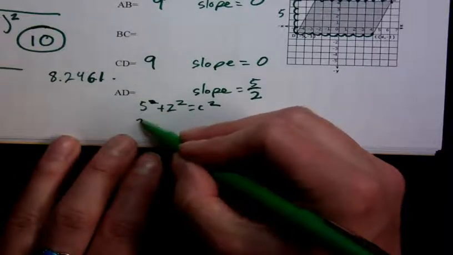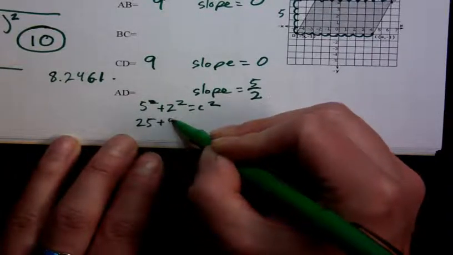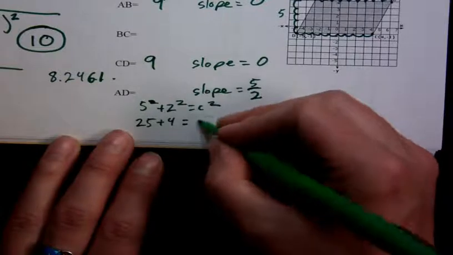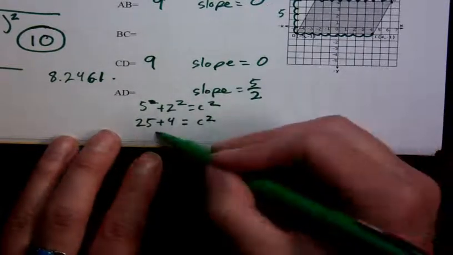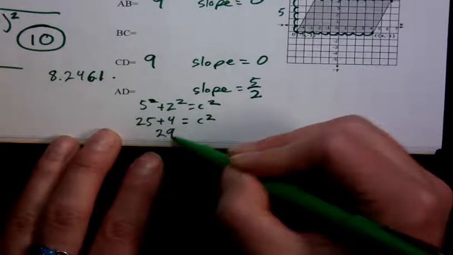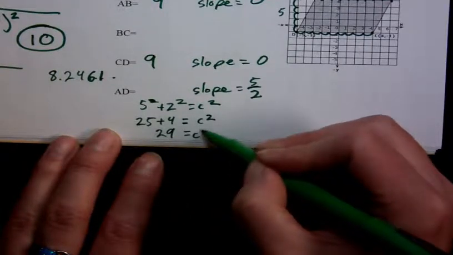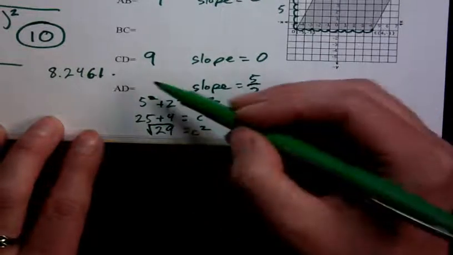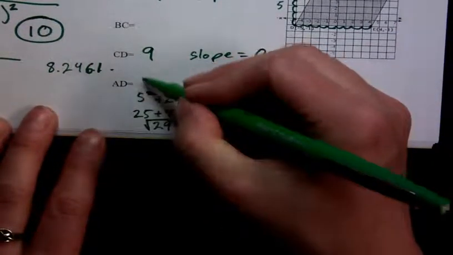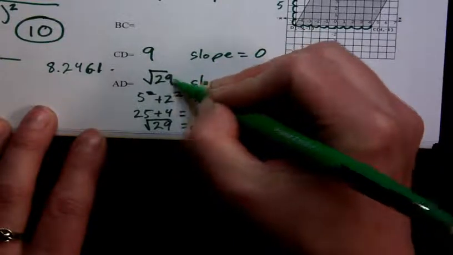That's 25 plus 4 equals c squared, so 29 equals c squared. So what do I do to get rid of squared? Square root it. Does the square root of 29 simplify, or do I leave it? I can't simplify it, and I don't want a decimal, so that's my answer.